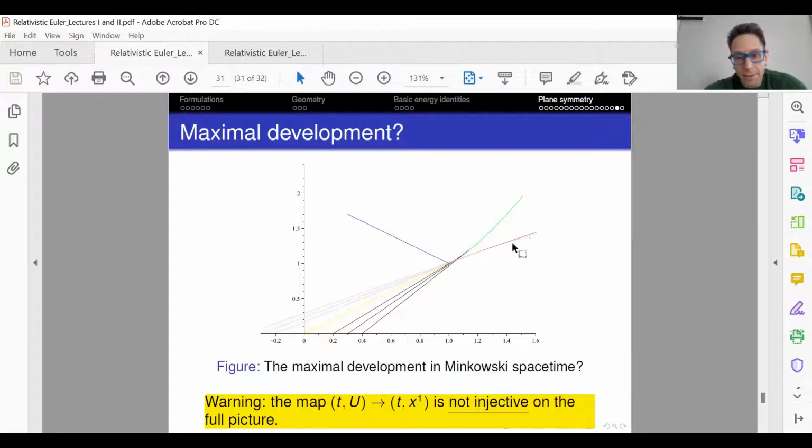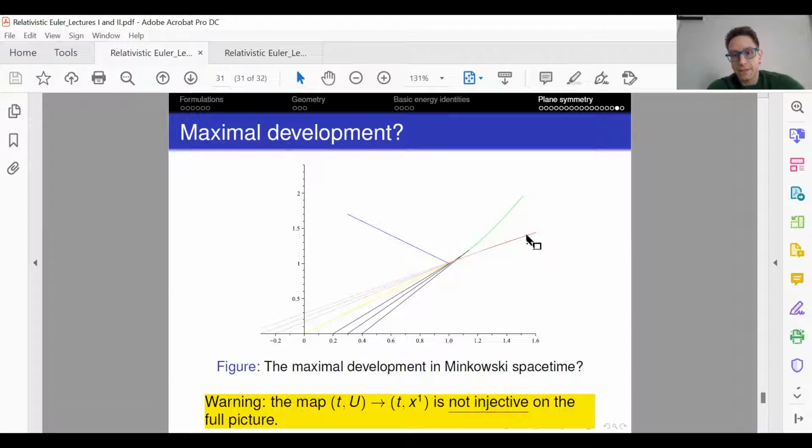Now this entire piece is supposed to be viewed as red, but it's covered up a little bit by these pink straight lines. So what are these pink straight lines? These pink straight lines are in fact the integral curves of L. So these are the characteristics. And what you see is that they are impinging on the red curve. They're piling up. Their density is becoming infinite, and in fact they're all tangent to the red curve.